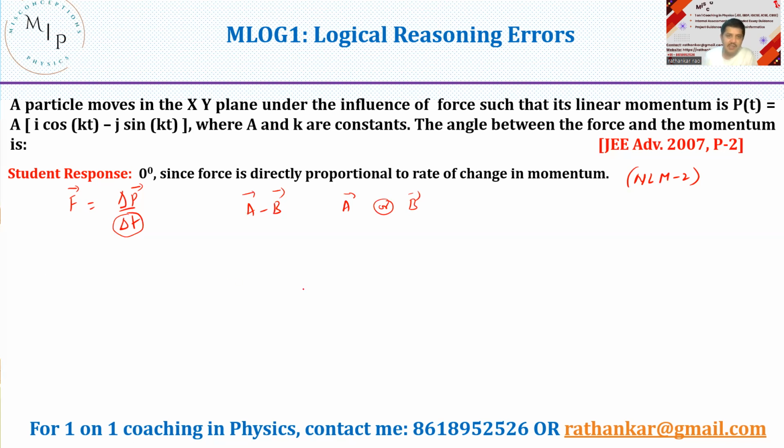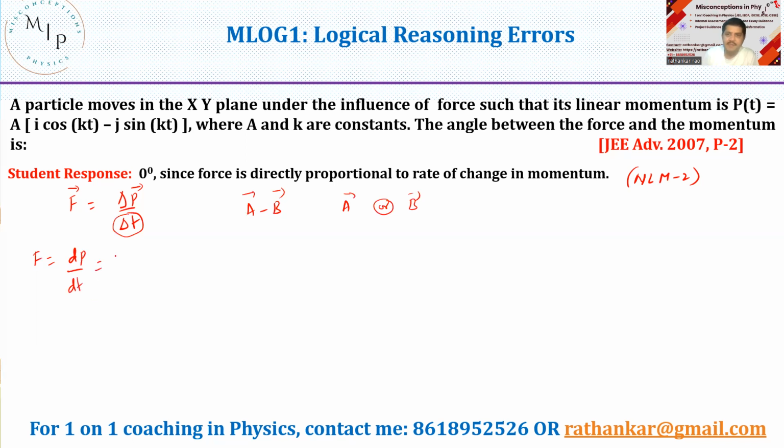Now let us solve the correct solution for this. We have F equal to delta P by delta T, which in terms of limits I can write in differential form as dP by dt.